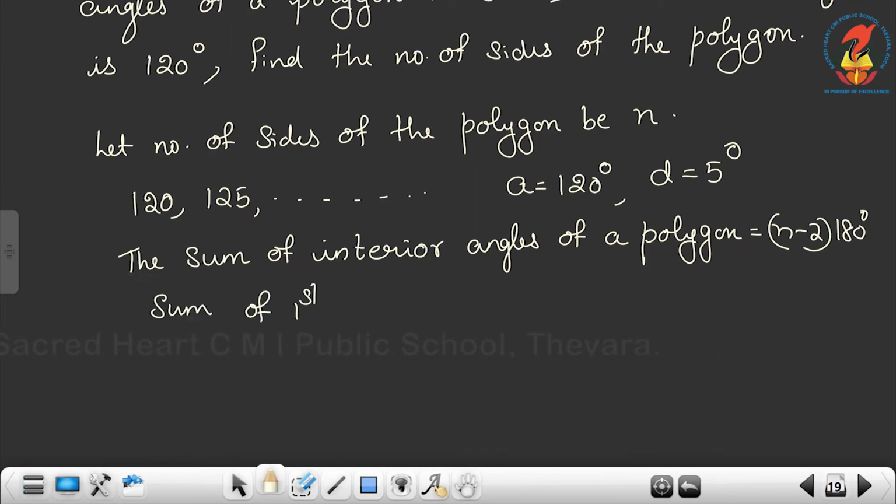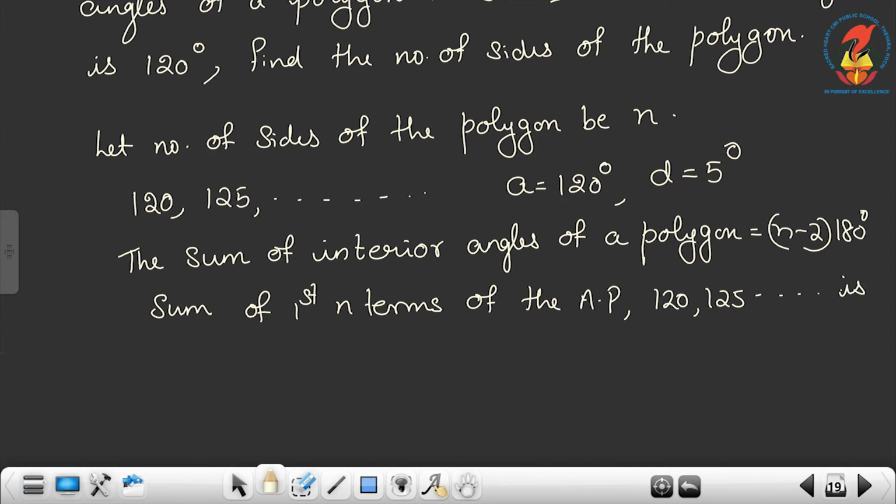The sum of the first n terms of the AP 120, 125, etc. is, using the formula, S_n equals the number of terms n by 2 into 2a, where a is 120, plus n minus 1 into 5.